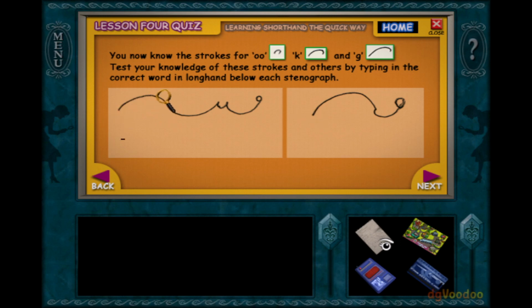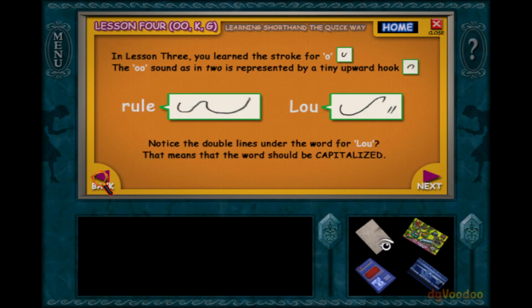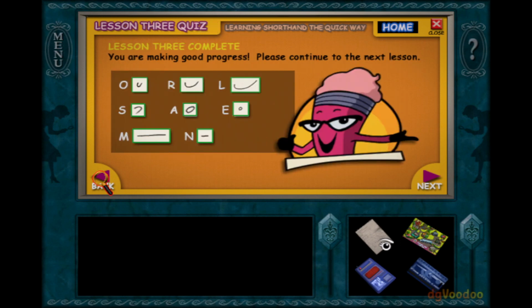I guess this could be the K thing and this could be the G thing. This certainly is larger than this. But that doesn't make sense either. Slowly, no. Gray?